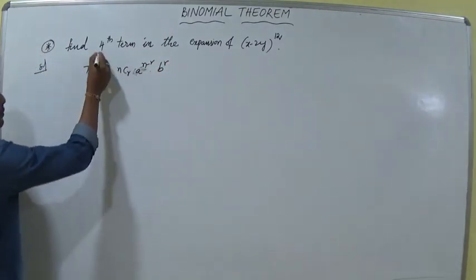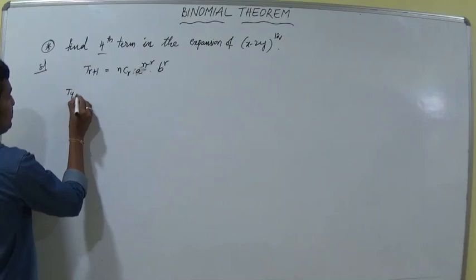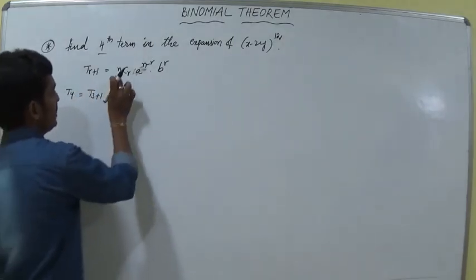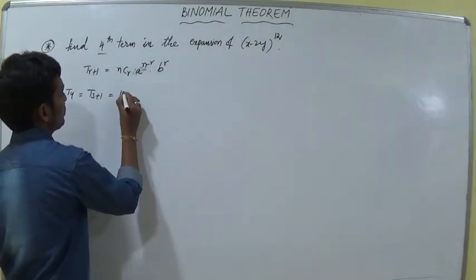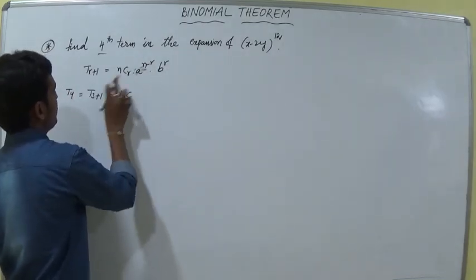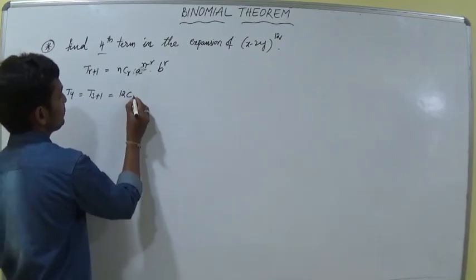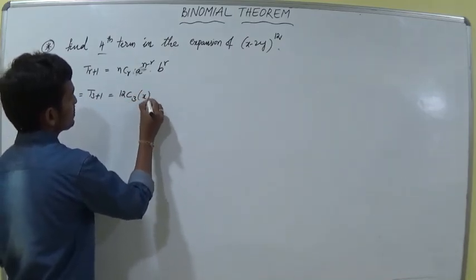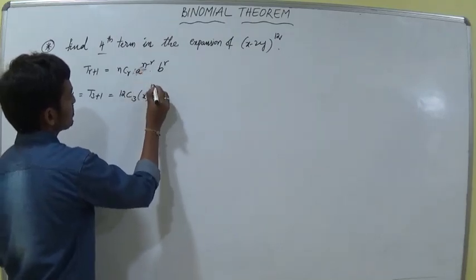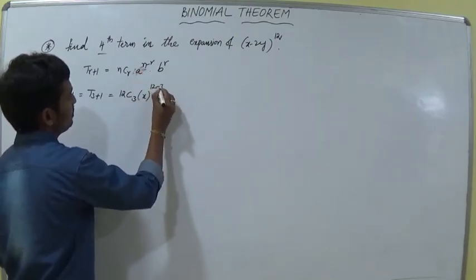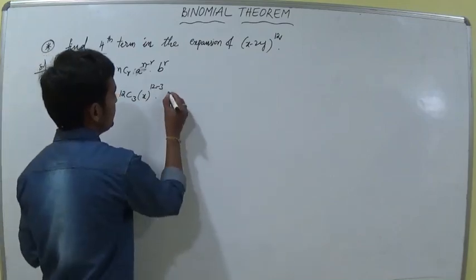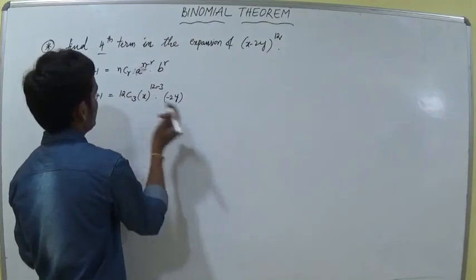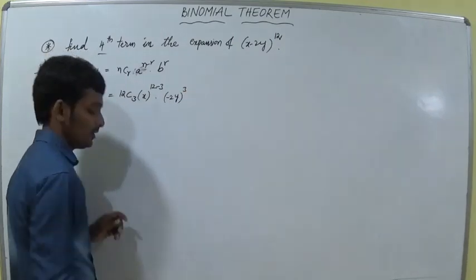We want the fourth term, so T4 is T3 plus 1 is equal to 12C, what is the r value here? 3, into a to the power of n minus r, x to the power of 12 minus 3, into b, minus 2y whole to the power of r. r is 3. Did you understand this?